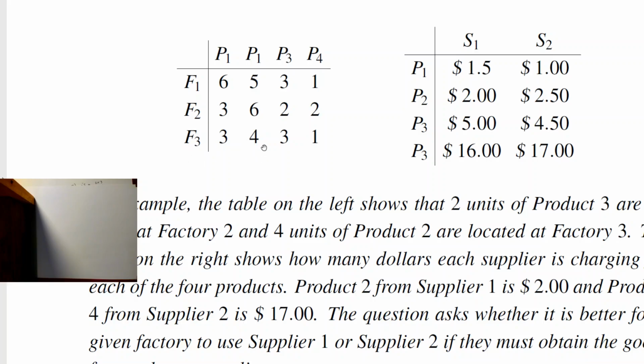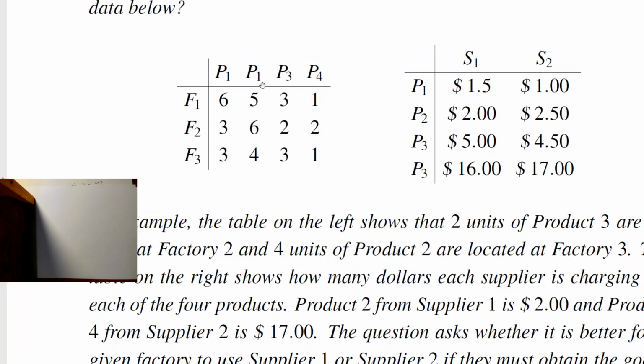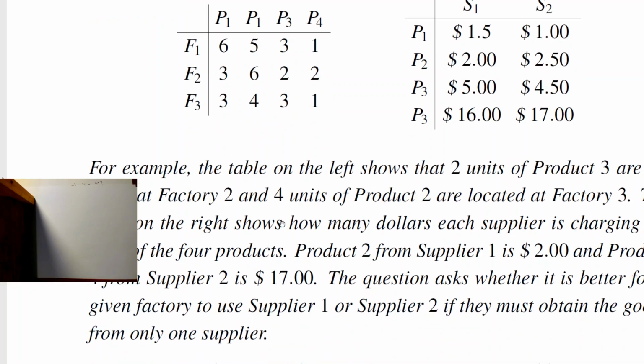Okay, F3, so that's the third row and the second column. That should say P subscript 2 for product 2, right? So you might want to write that over your copy of the notes if you have that printed out. Okay, the table on the right shows how many dollars each supplier is charging for each of the 4 products.